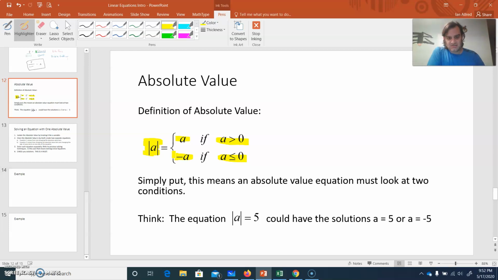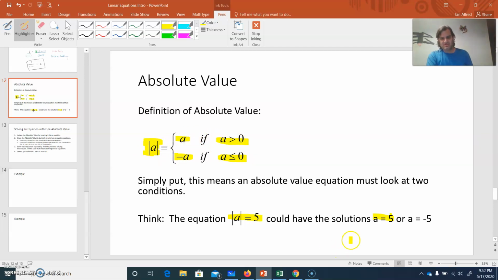Okay. So to kind of get you thinking down here, if we had the equation absolute value of A equals 5, you could look at that and definitely say, since it's so simple, that A could be 5. Okay, because A is already positive. That would fit the first line of the definition up here.